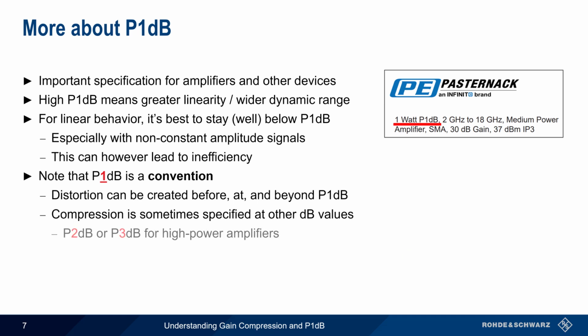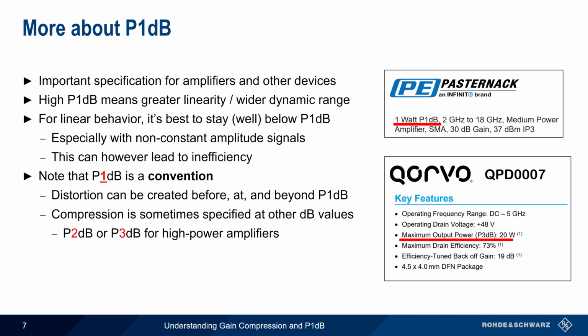For example, high-power amplifiers may be specified using a 2 or 3 dB compression point. And some devices, such as voltage-variable attenuators, are often specified using a 0.25 dB compression point. However, P1dB is by far the most common compression point, and is used for the vast majority of active devices.